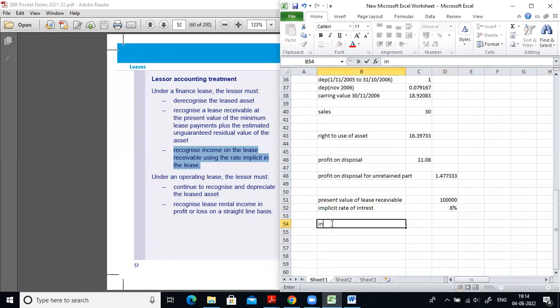So in the books of lessor, in their statement of profit or loss, they will show income of 1 lakh into 8%. That is 8,000. I hope it is clear.